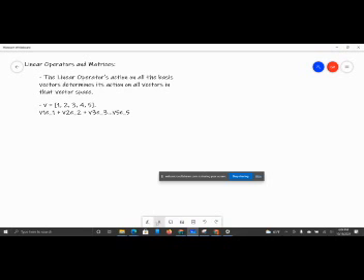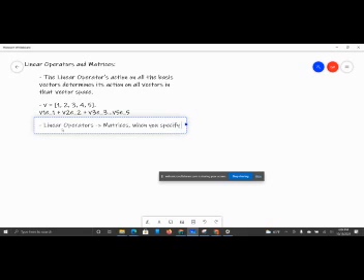What we want to do now is find a matrix form of a linear operator. Most of you should be familiar with matrix multiplication, but the relationship between linear operators and matrices is that linear operators can be written as matrices when you specify a basis.